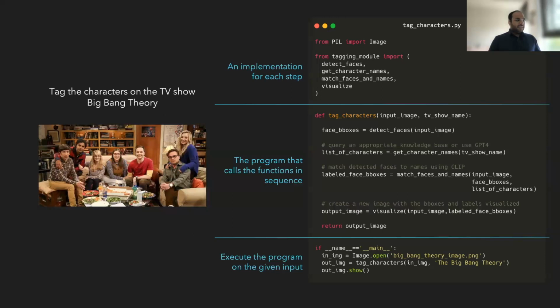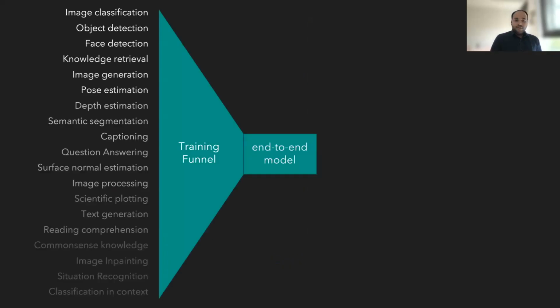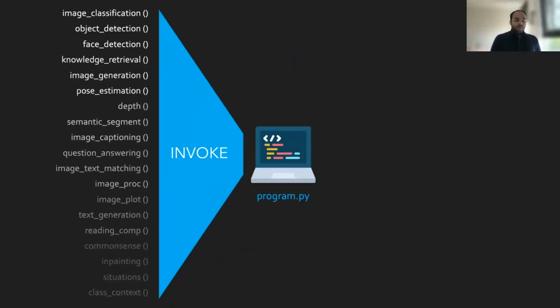And then that program is executed on the desired input to get the output. And so that basically shows us that you can replace this end-to-end training paradigm with a program invocation paradigm where these skills are available to you as functions and you just invoke them in a program.